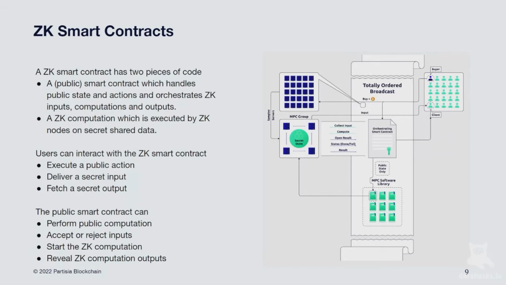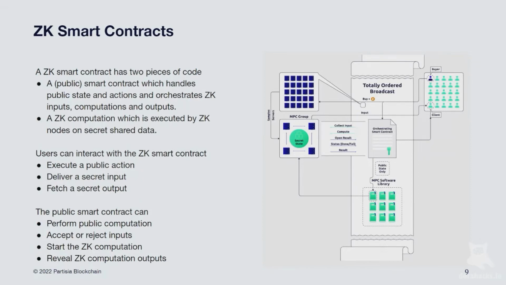And the actual computation that is executed is smart contract code, meaning that it's completely visible on the blockchain. So users that are interacting with a CK smart contract can choose to do different things. They can either call a public action on the public contract, deliver a secret input, or fetch their own secrets if an output of the computation was designated to a specific user.